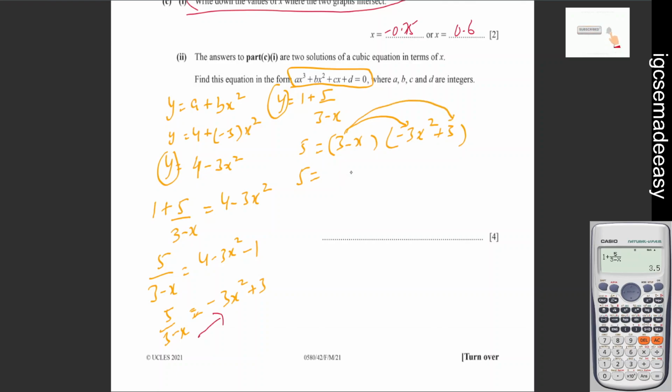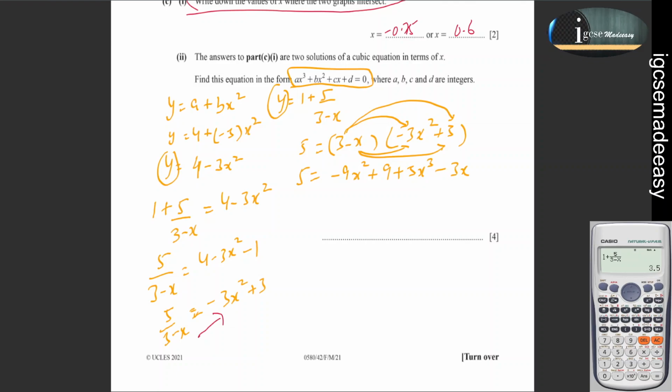Expanding the bracket, 3 into 3 is 9, but minus 9x square, then plus 3 3s are 9. Then minus minus gives you plus, so plus 3x cube, then minus 3x.